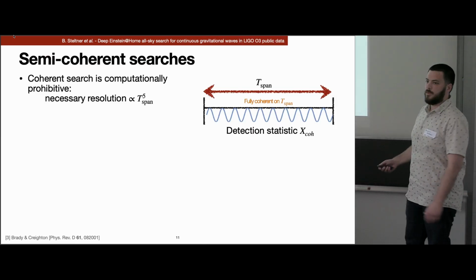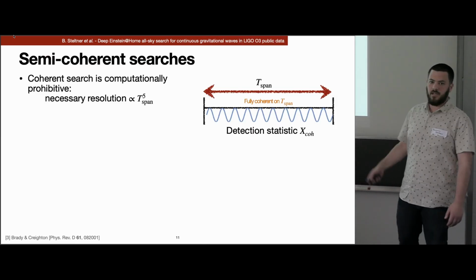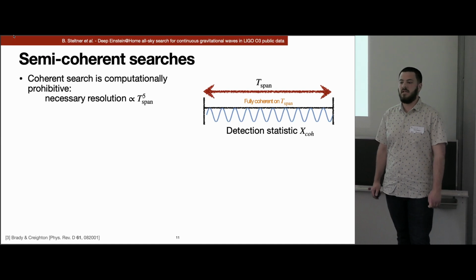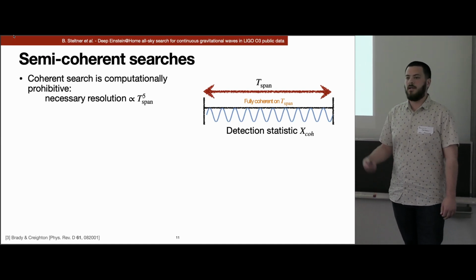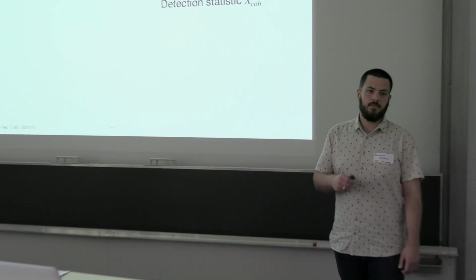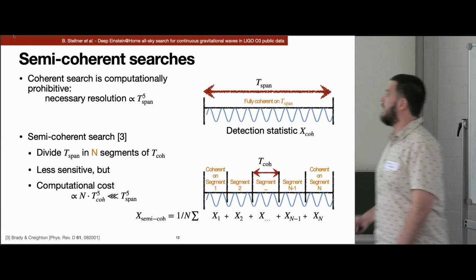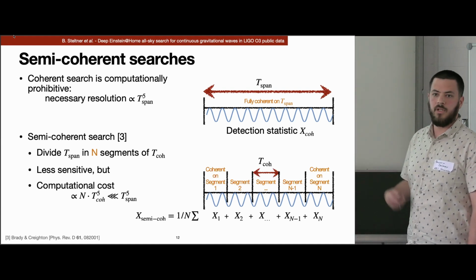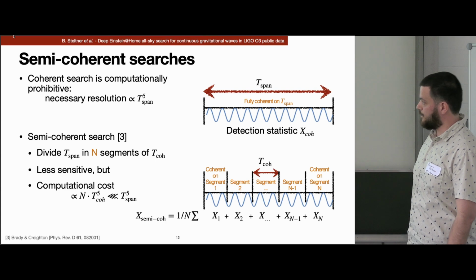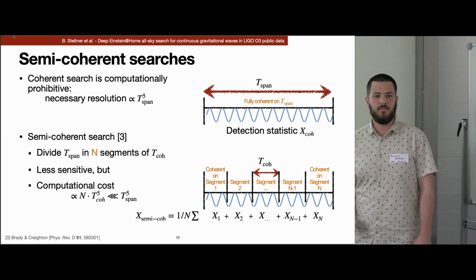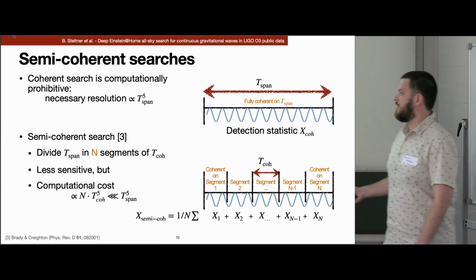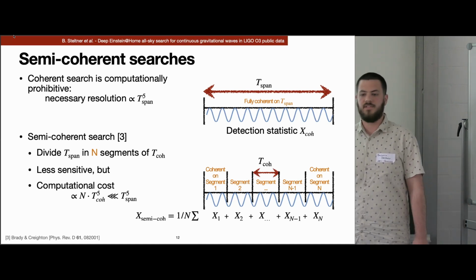Let me quickly say something about our search technique. Actually, a coherent search for continuous waves is computationally infeasible, by which I mean that we match all the waveforms to the full time span of data, because the necessary resolution grows with a high power of the time span. So instead, we are doing semi-coherent searches where we divide the whole time span of data into a number of segments of coherence time T_coh, analyze each segment coherently, and combine the detection statistic as some average over the segments.